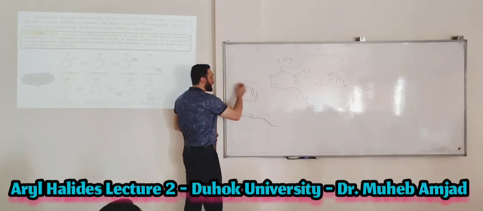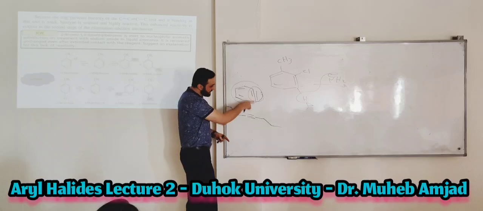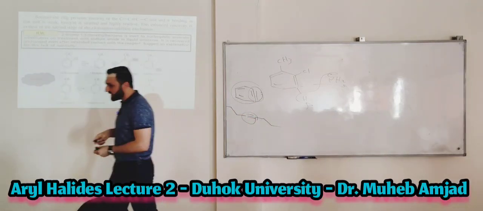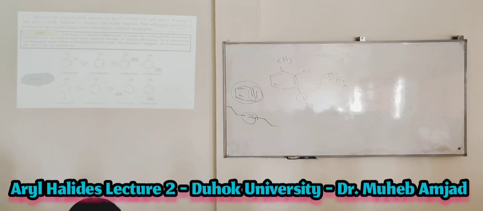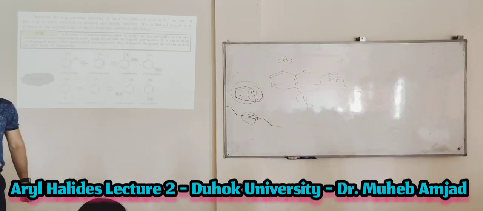Of course, this is the more reactive one. Where does the reactivity come from? The triple bond is different from the double bond. Because of the linearity in the alkyne unit, the pi bonding is weak in benzyne. Benzyne is strained, okay, strained and a highly reactive intermediate.